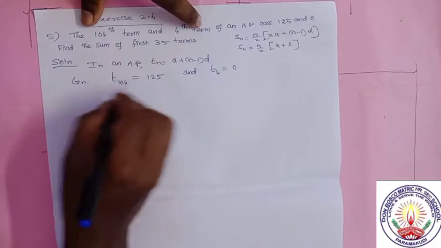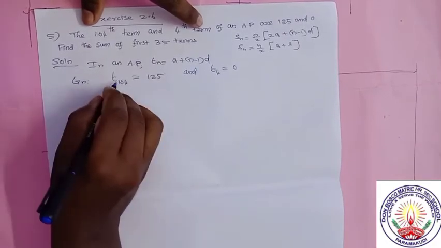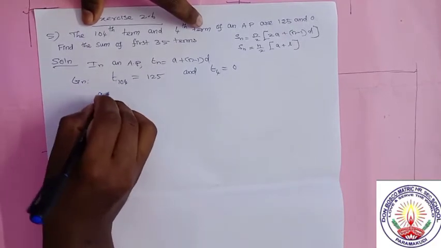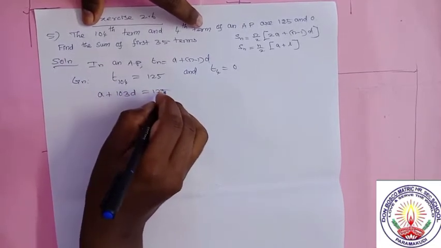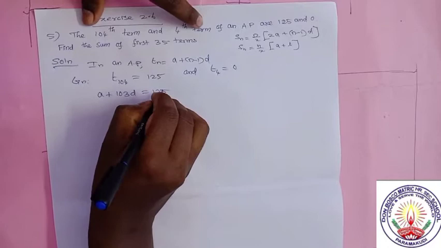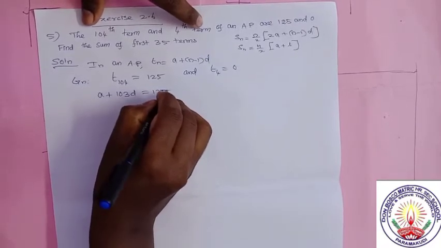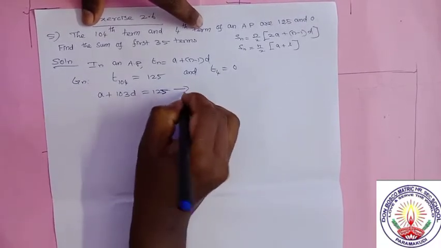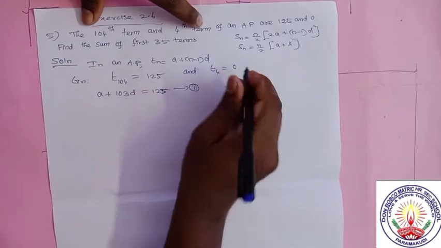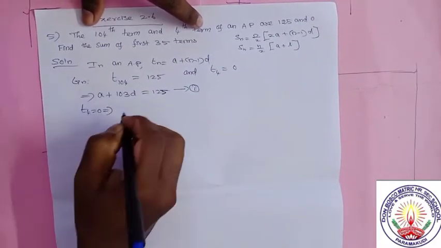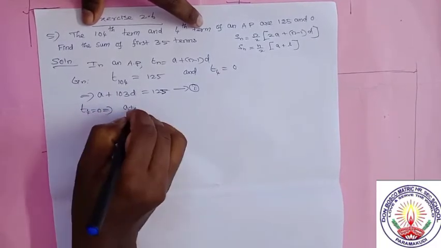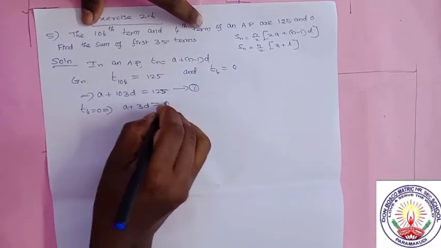First, T104 means A plus 103D is equal to 125. It is equation number 1. Now the second one, T4 is equal to 0 implies A plus 3D is equal to 0.